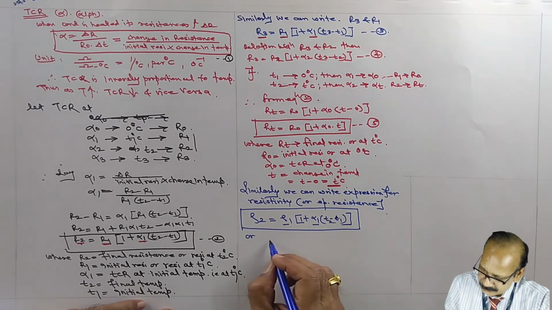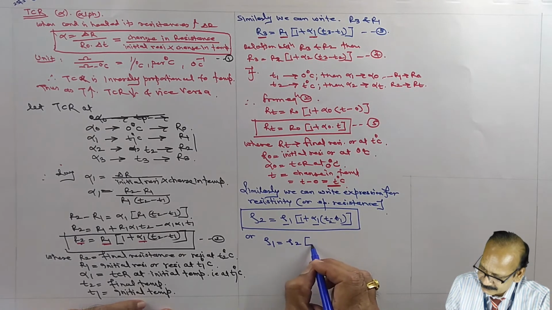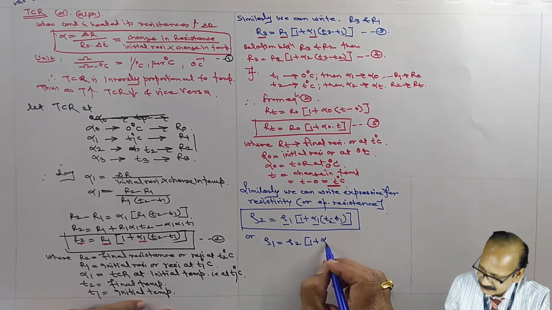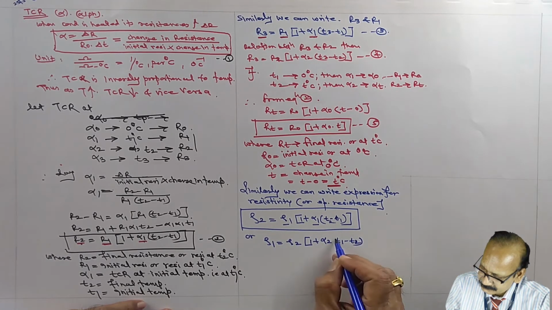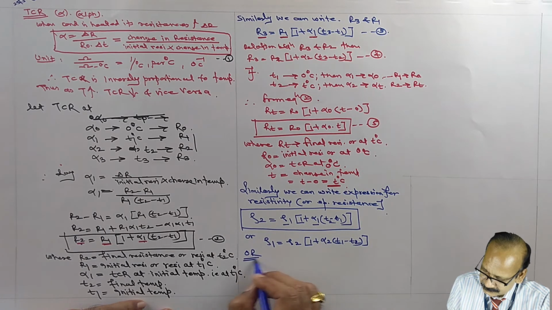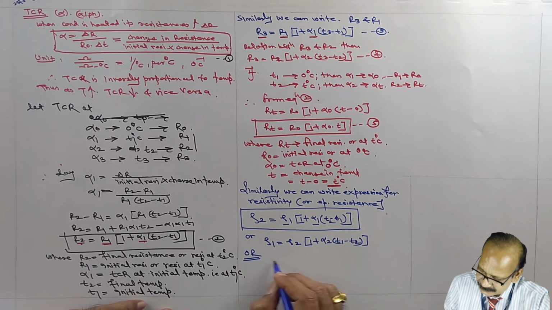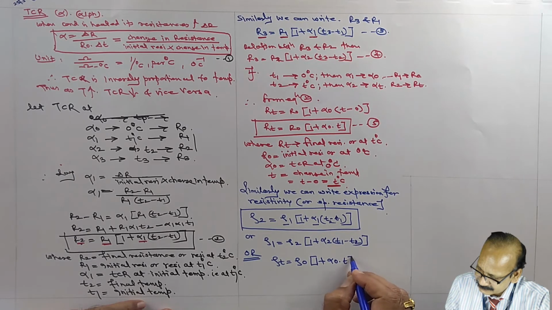Or rho 1 equals rho 2 into bracket 1 plus alpha 2 into T1 minus T2. Or we can write rho T equals rho 0 into bracket 1 plus alpha 0 into T.